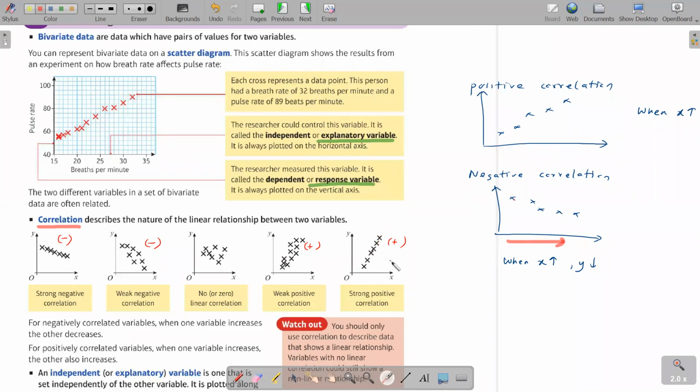So in this case, it's a strong positive correlation. But over here, you can see a positive correlation, but the points are not as good as this. They're more dispersed, more scattered. So this is a weak positive correlation. So this is how correlation works. Basically, it tells you how well the two variables are related to each other. Right, guys? Okay.